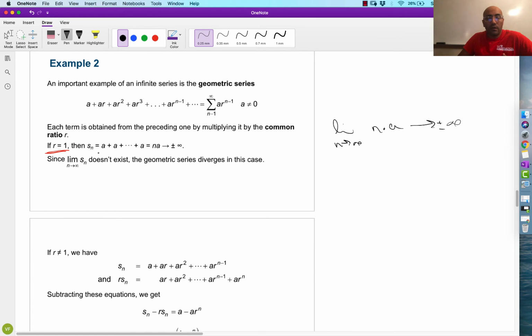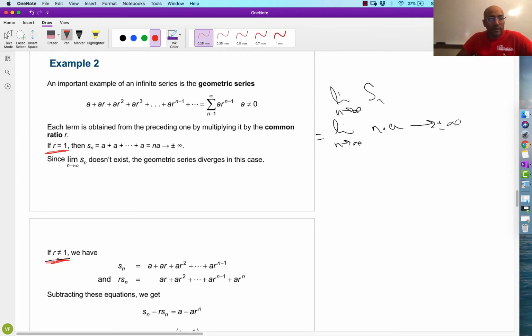So this is the limit as n goes to infinity of s sub n. What we've shown here is that the partial sums diverge. The limit as n goes to infinity of s sub n does not exist, and so therefore the geometric series diverges. This is when r equals exactly 1. The whole thing diverges. All right, well, now let's consider something else. What if r does not equal 1?